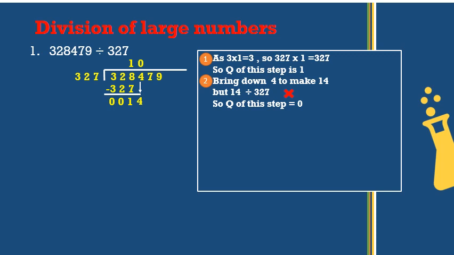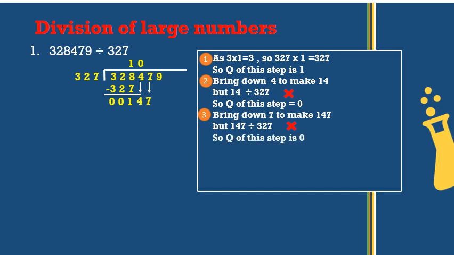So, it will be 0. Now, we will move to the next step, and that is we will bring down 7 to make 147. Now, again, we cannot divide 147 by 327 because 147 is less than 327. So again, the quotient of this step is 0.